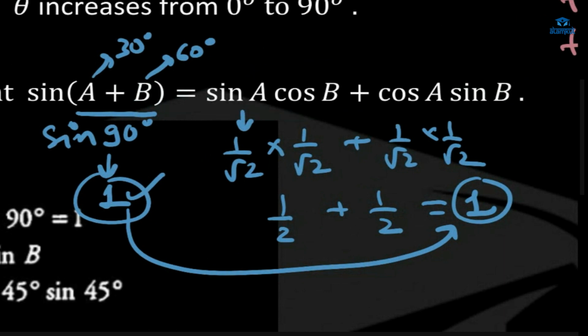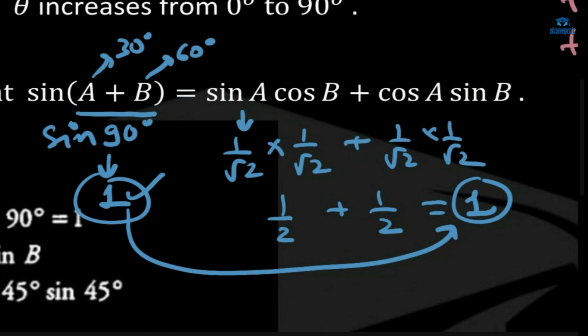Put the values of A and B in sine A cos B plus cos A sine B, and find the value. Will it come to 1 or not? Yes, ma'am, it's coming as 1. That means this formula is correct.